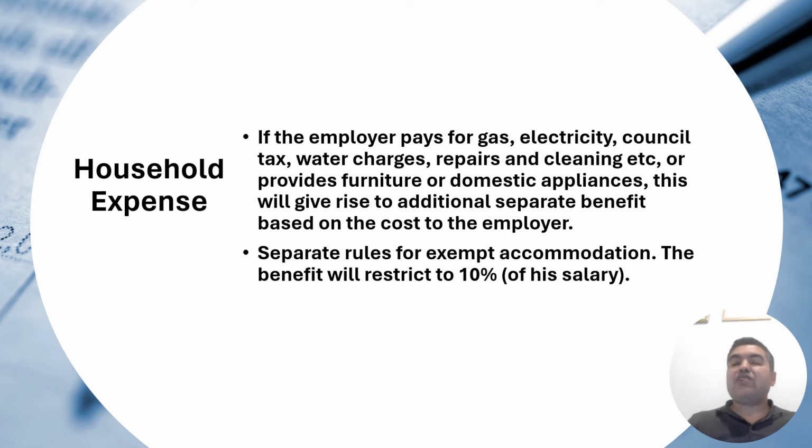So the benefit will be restricted to 10% of his salary. For example, the caretaker's salary is 30,000 a year. So 10% of 30,000 would be 3,000. If those household expenses go over 3,000, we would keep it to 3,000 because the 10% restriction applies. However, the 10% restriction only applies if the living accommodation falls under exemption.